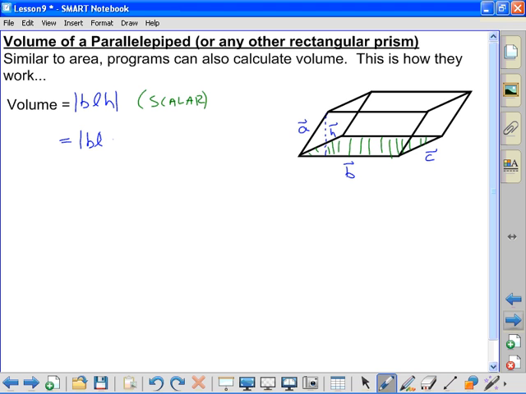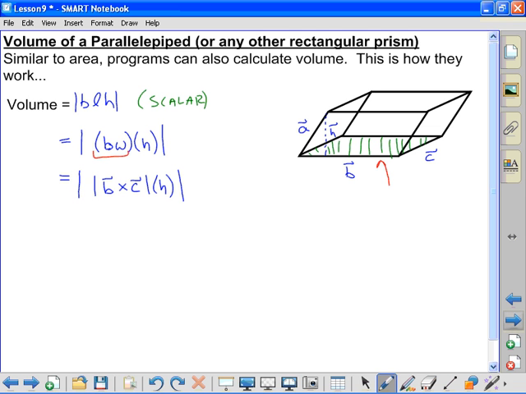I'm just breaking it apart here. Maybe we'll do brackets. So base times width, multiplied by height. There we go. Now I'm on board. And we know base times width is just the area of a parallelogram. So from the previous part of the notes, we know that that's the magnitude of B cross C.